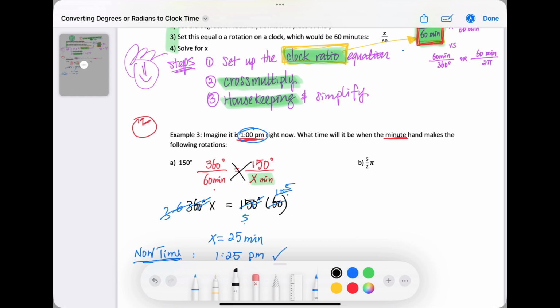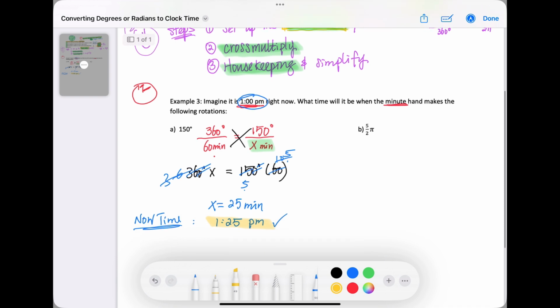So this will be my time, and yes, it will be the afternoon, p.m. Good. And this is the fun thing about using degrees to match with our real life application. All right, part B, same thing.